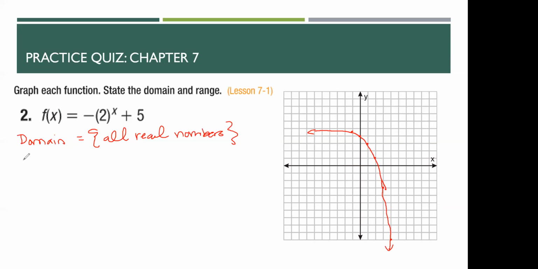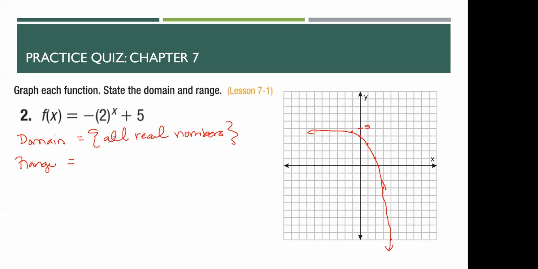And then the range is going to be all the y values, okay? So if we look here, we can see it's everything that is less than this value here, which is 5.